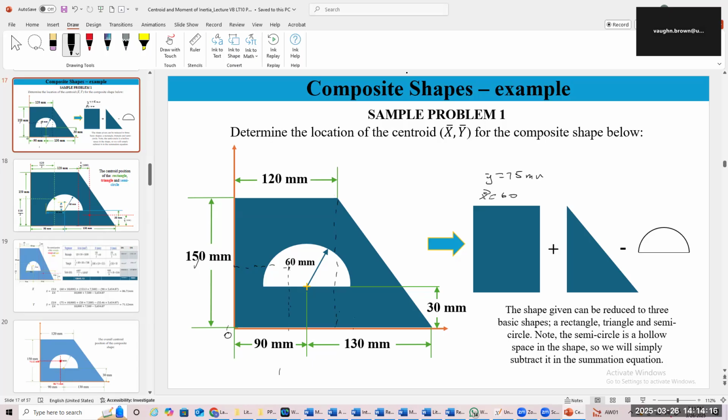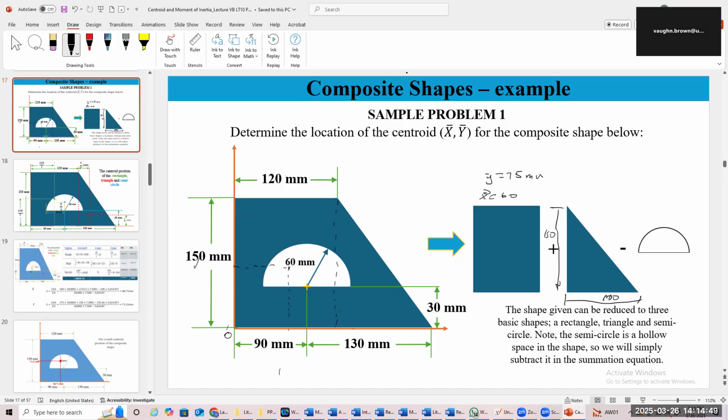If this is 120, and the total distance here is 220, then 220 minus 120 is 100. So the length of the base here is 100, and the height, of course, is 150.